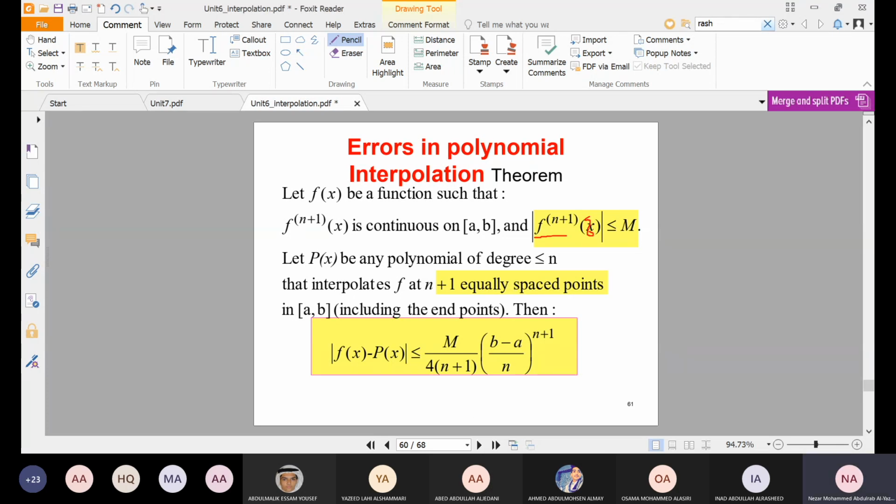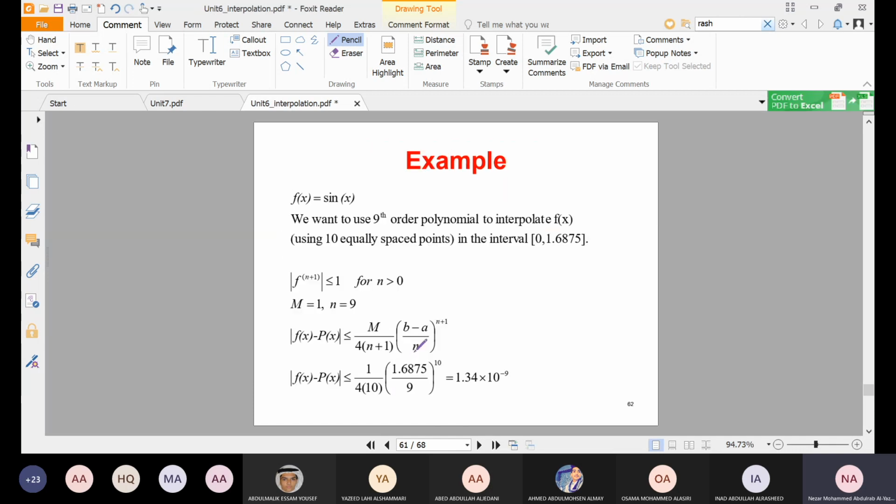So if we go to this example, the function is given as sine x, and we want to use the 9th order derivative. If the function is given, it is easy. But if the function is not given, I don't know.